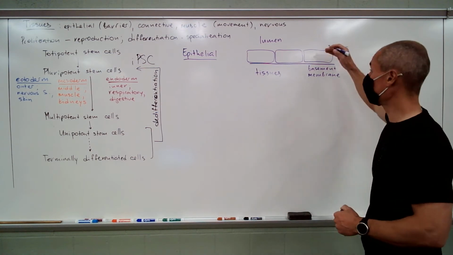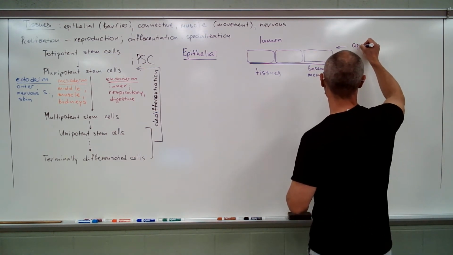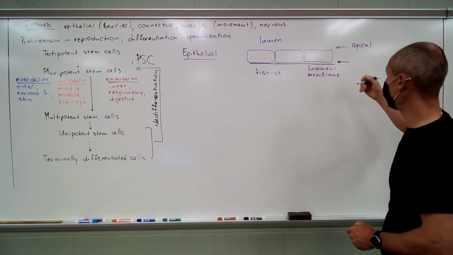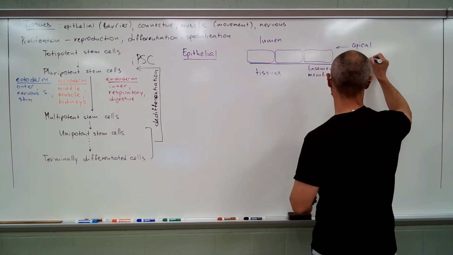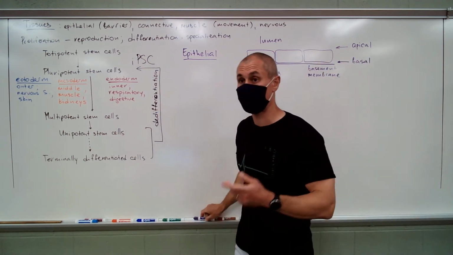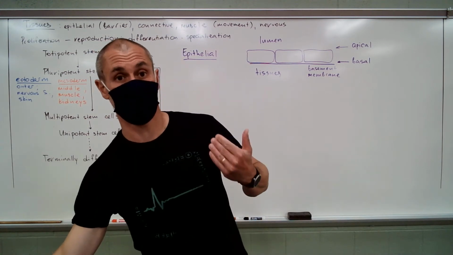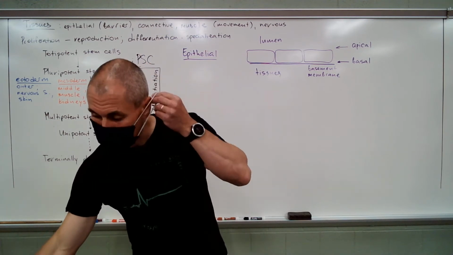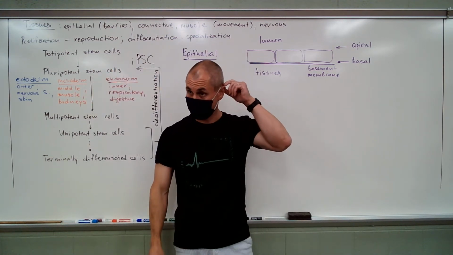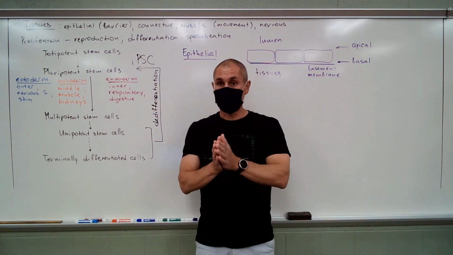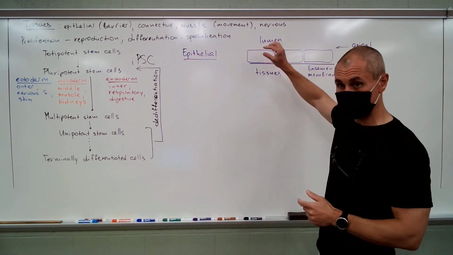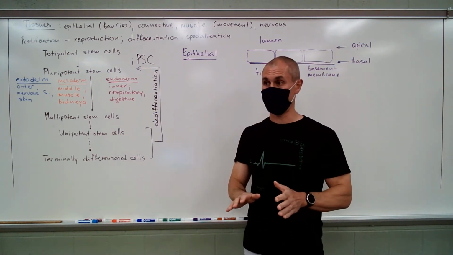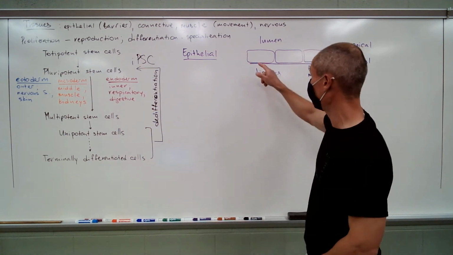And the sides of epithelium have specific names. So that side, the side that faces the lumen, is apical. This side, the side that faces the basement membrane, is basal. Why is this important? Apical and basal sides of epithelium may, and often do, have different properties. For instance, the set of transmembrane proteins found on the apical side of your intestinal epithelium is totally different from what's found on the basal side.